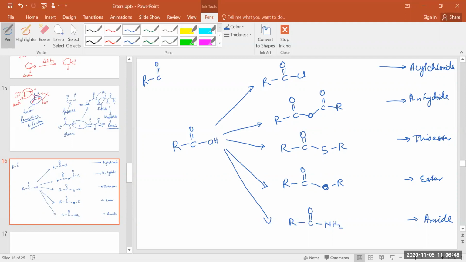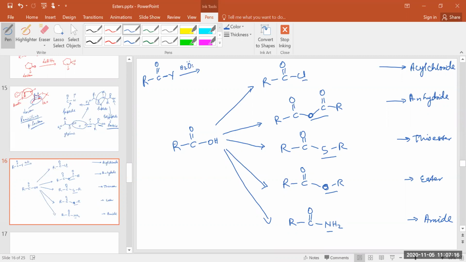Suppose you have Y here; all these 5 structures differ in terms of Y. Here you have chloride, the anhydride part, SR, OR, and NH2. So when you react this with water, what will happen?